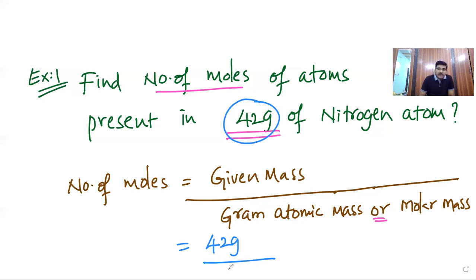You have to know all these by heart perfectly, then you will easily get the answer. So 42 divided by 14 gives 3 moles. The given 42 grams of nitrogen atoms is 3 moles. Clear? Observe carefully. Let me take another question.